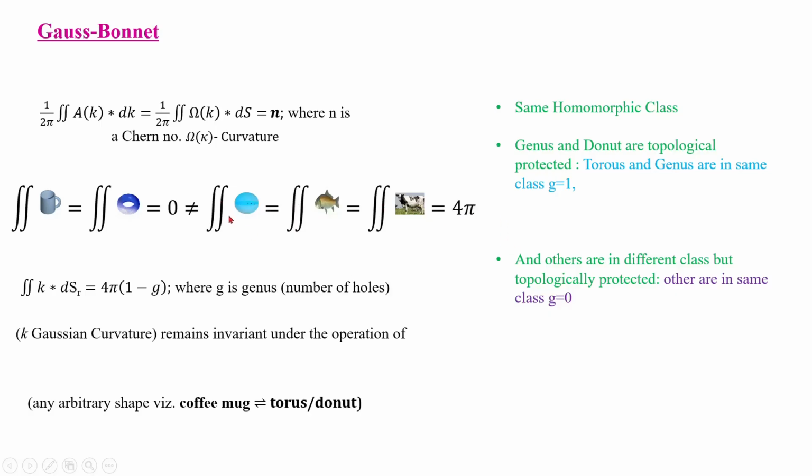So these three are in the same homeomorphic class and these two are in the same homeomorphic class. As long as the genus is protected, the topology is preserved.